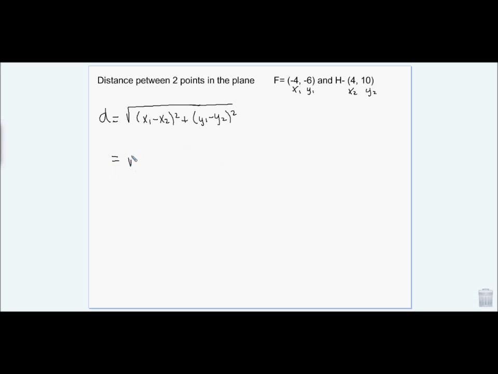So I plug those in, and I get the square root of (negative 4 minus 4) squared plus (negative 6 minus 10) squared.